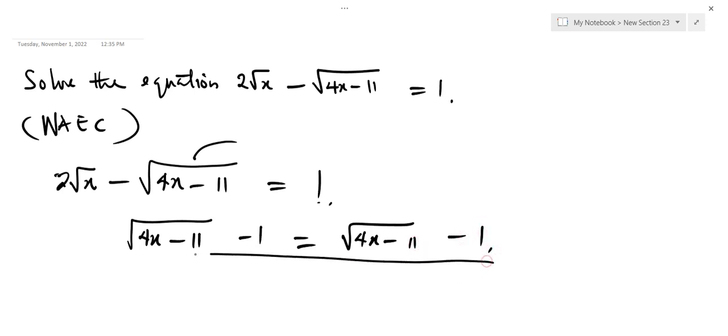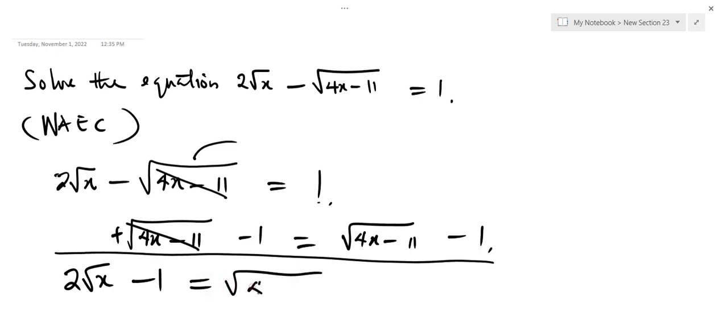So what will it be? This is plus, so this one will cancel out this. That means the left hand side will now be 2 square root of x minus 1 equal to the square root of 4x minus 1, sorry.